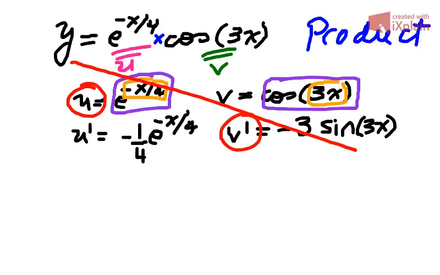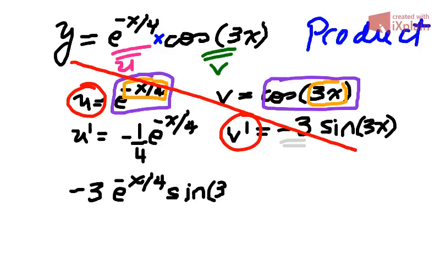So let's copy that. And again, I'm already looking, because I see there is a coefficient here at the front. I'll start with that. Negative 3 sine 3x times e to the power of negative x over 4 seems quicker to write, sine of 3x.